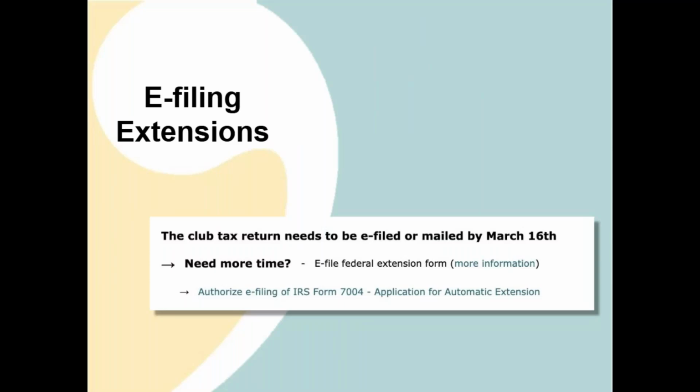We recommend filing an extension as a safety net for all clubs, but especially for clubs that do not opt out of CPAR, the Centralized Partnership Audit Regime. This is useful if your club receives a late or corrected 1099 from your broker, or finds something else that needs to be fixed. To begin, go to the bottom of the bivio taxes page and click the Authorize e-filing of IRS Form 7004 link at Need More Time.